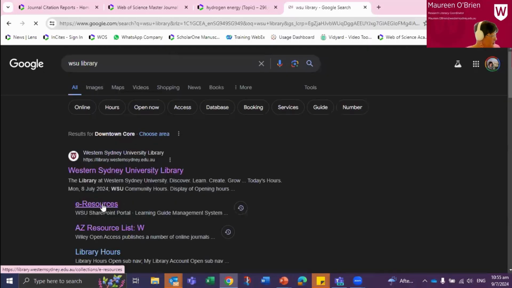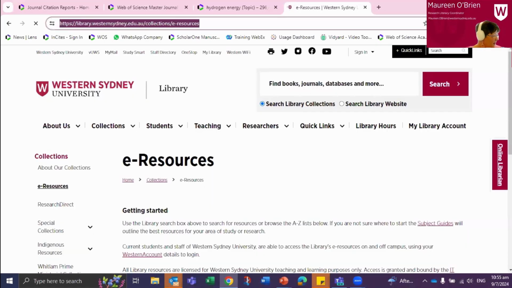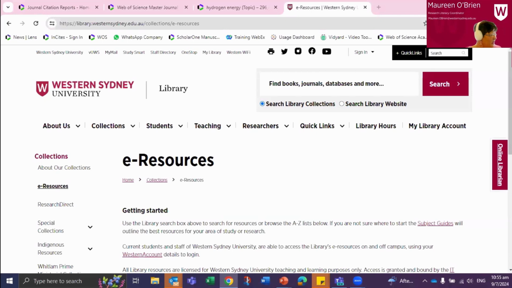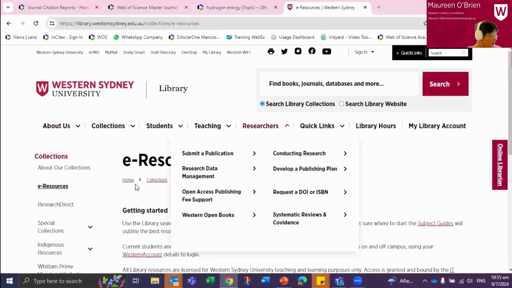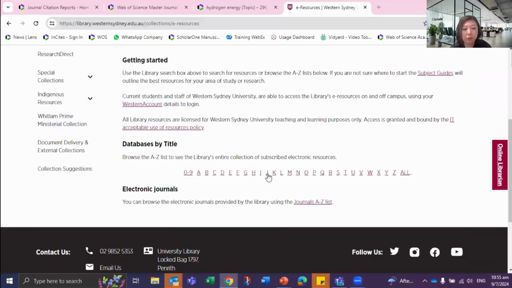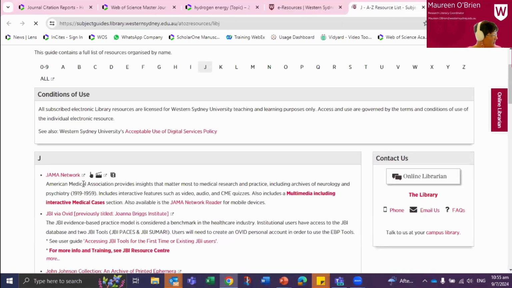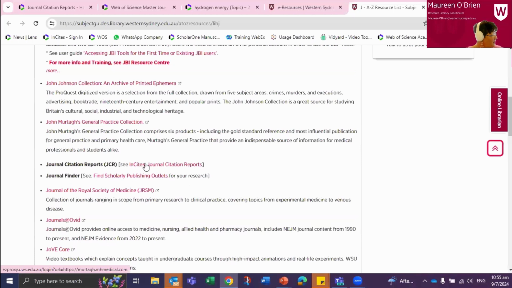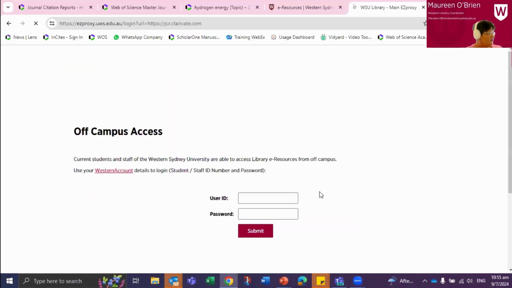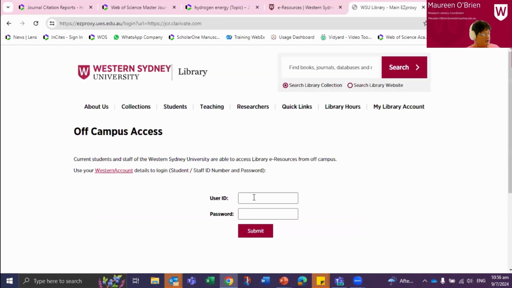So there's an e-resource. Click on, from the library's homepage, e-resources, and just go down to W. Scroll down. Journal Citation Reports. J, Journal, and then it's in alpha order, so it's Insights Journal Citation Reports. Then it will take you to the login page if you're off campus and sign in that way.